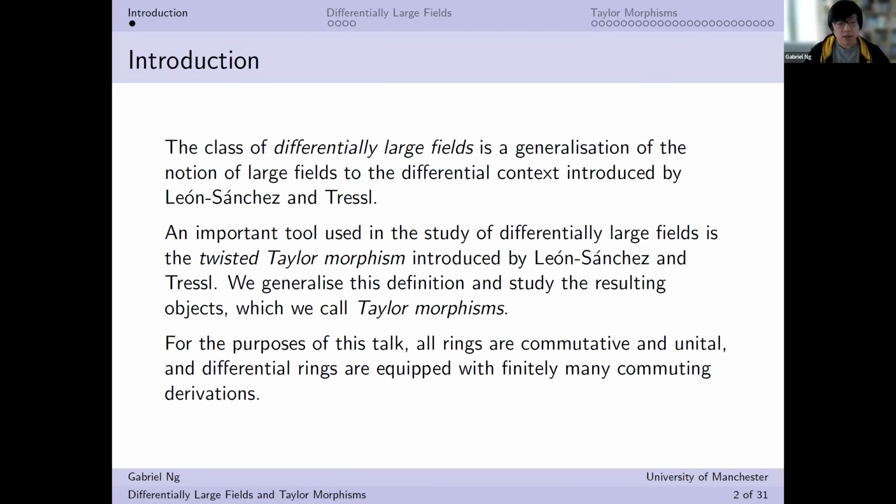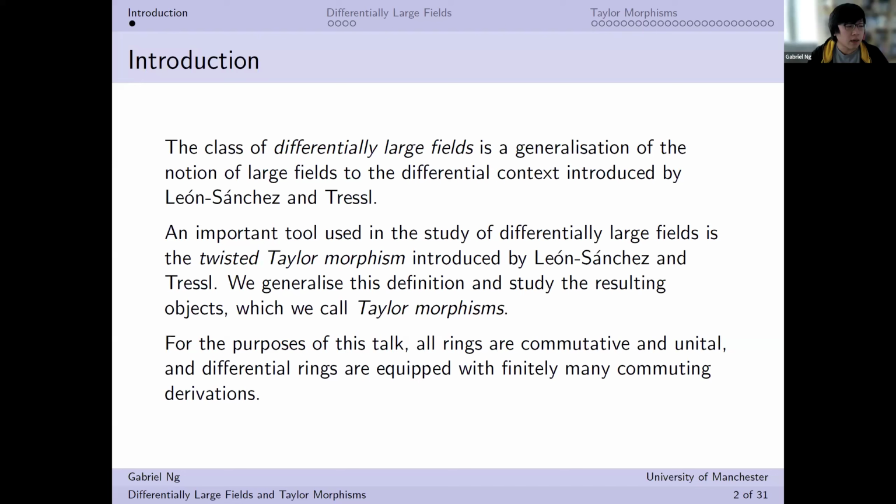So the class of differentially large fields is a generalization of the notion of largeness to differential fields, which were introduced by Omar Leon Sanchez and Marcus Tressel. One of the main tools that you use to study these objects is known as the twisted Taylor morphism, which is constructed in the same paper where they introduce these fields.